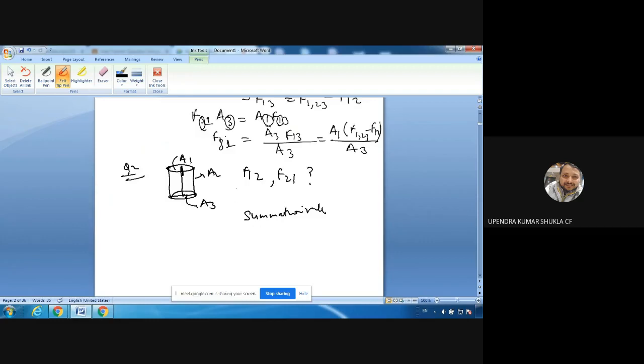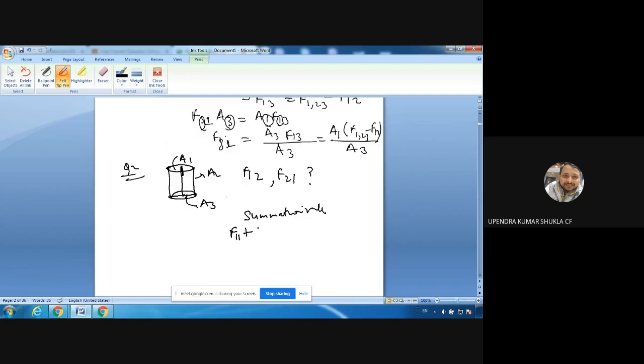So consider surface 1. The radiation emitted from surface 1 will strike either surface 2 or surface 3, or it may strike surface 1 also. So you can write F11 plus F12 plus F13 is equal to 1.